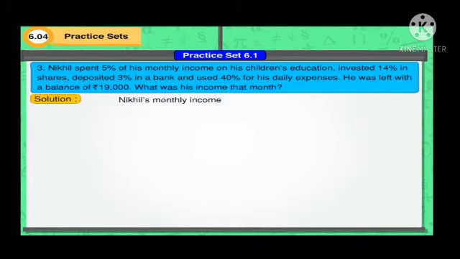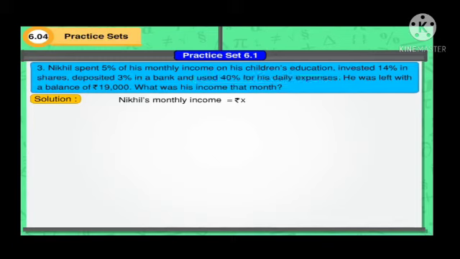Let Nikhil's monthly income be rupees x. Now his total expenditure: 5% of his monthly income on his children's education, 14% invested in shares, and 3% deposited in a bank, and 40% of his income on daily expenses.